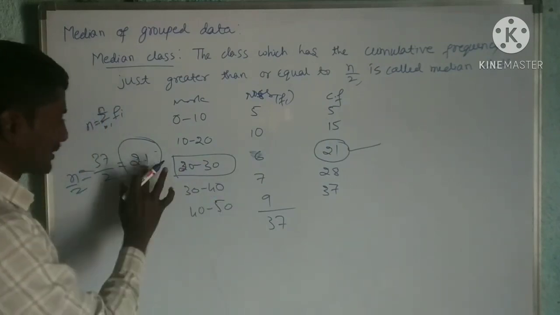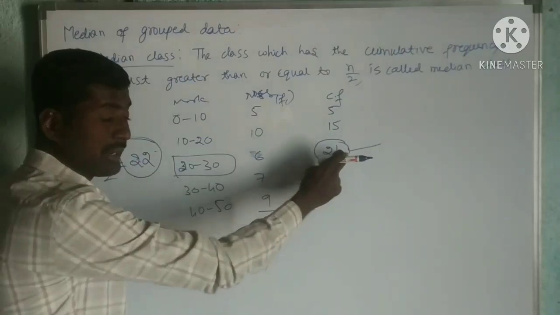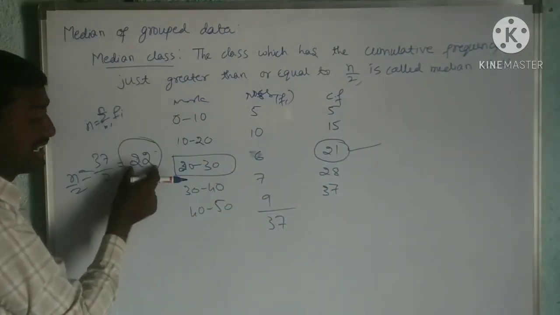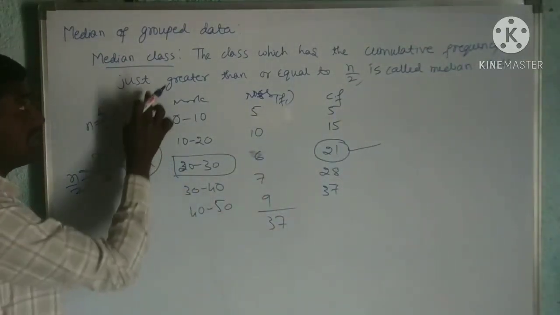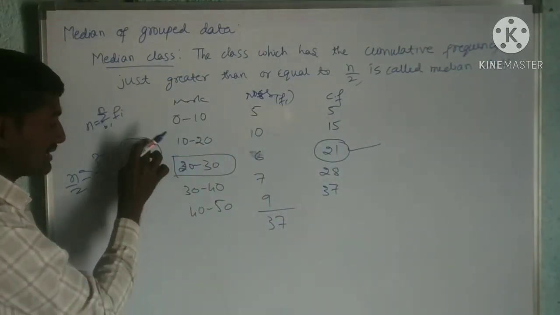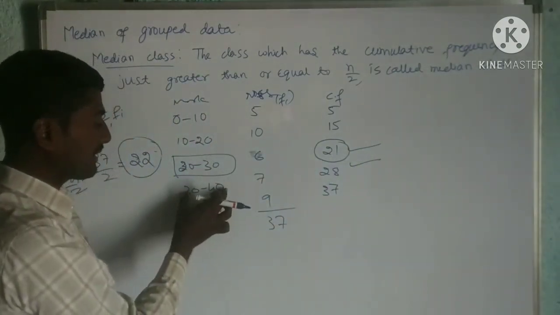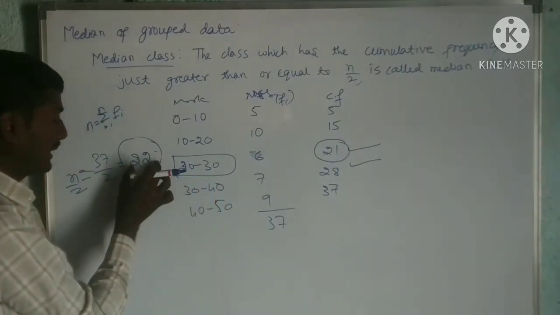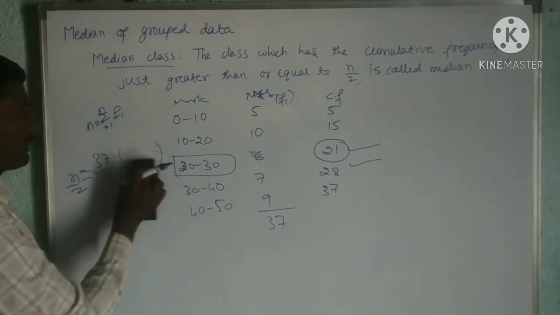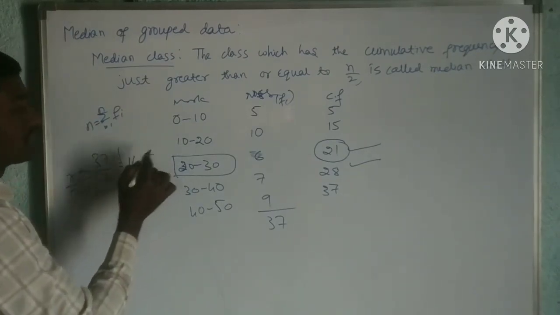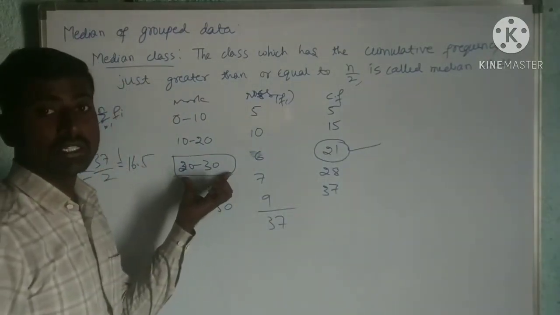If suppose n by 2 were 22, I cannot take 21 because it is not equal to or greater than n by 2, so I leave it and take the just greater value, 28. Then the median class will be 30 to 40. Now here n by 2 is 16.5 for this data, therefore the median class will be 20 to 30.